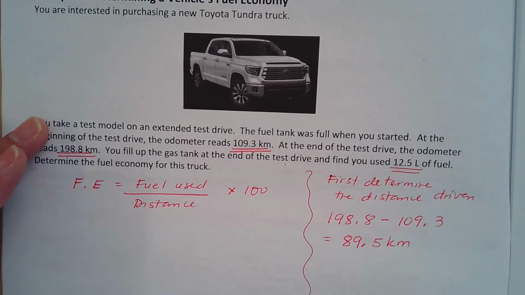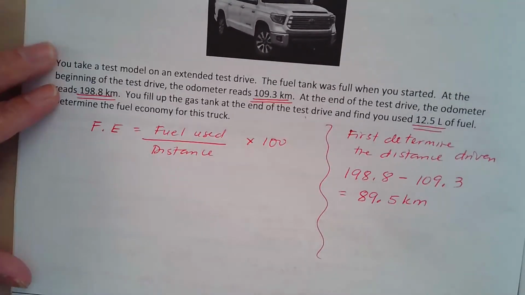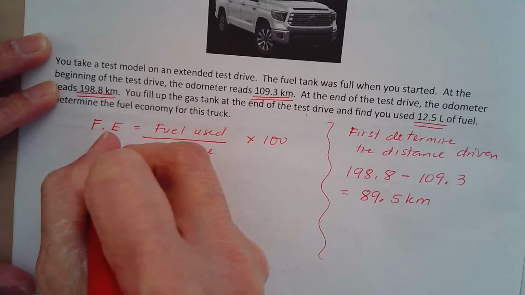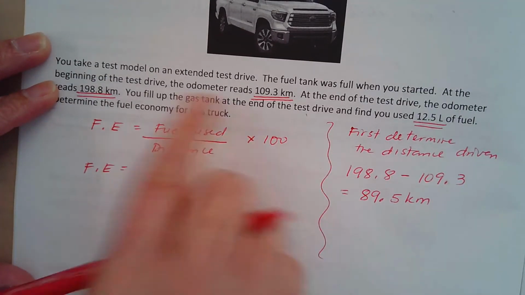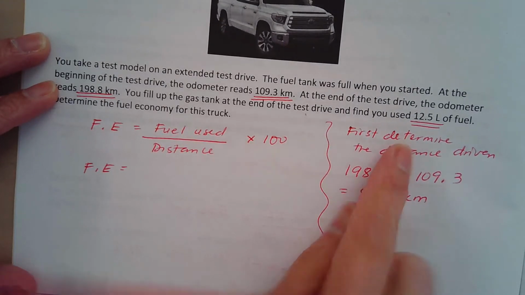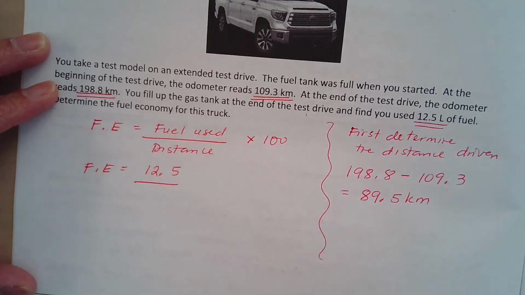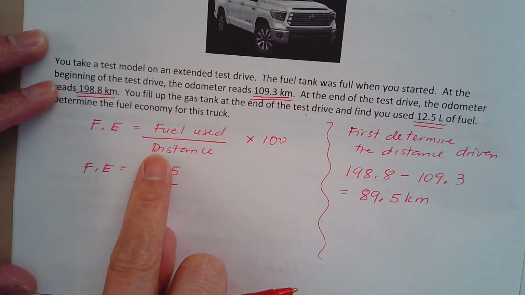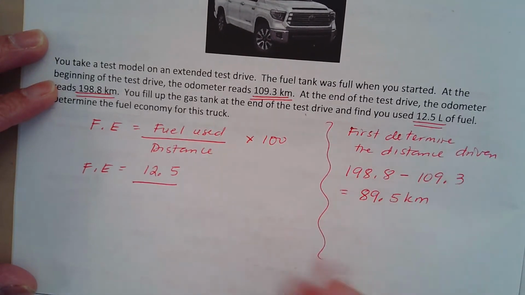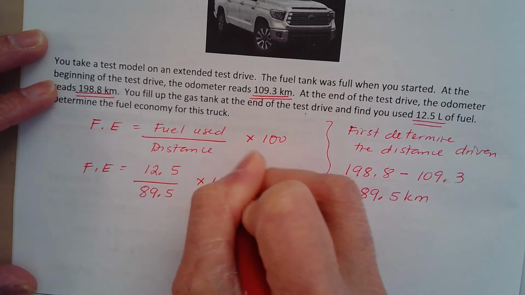So now we have the fuel economy calculation. All of the information is there. Fuel used, 12.5, divided by the distance traveled, 89.5, times 100.